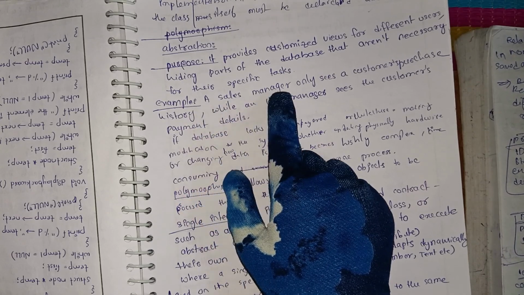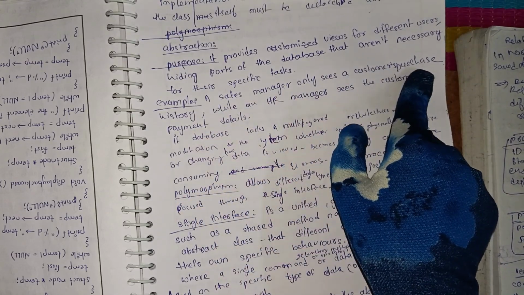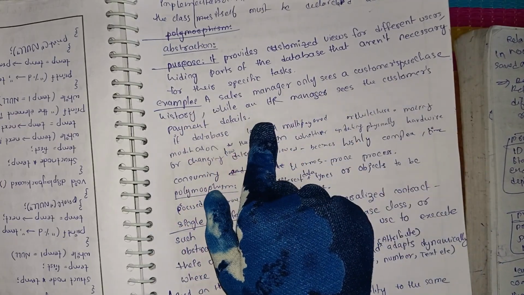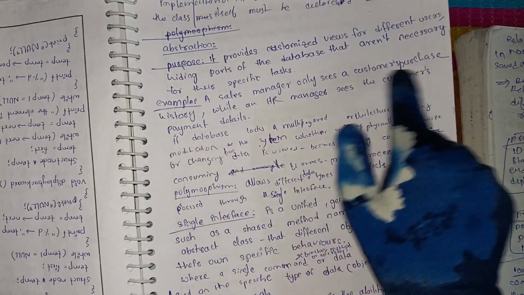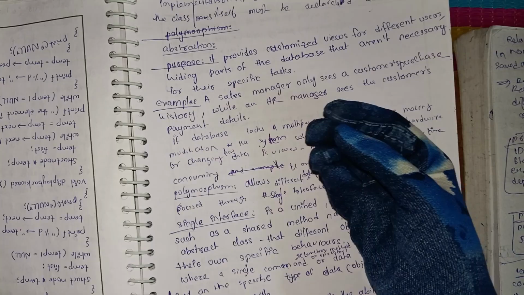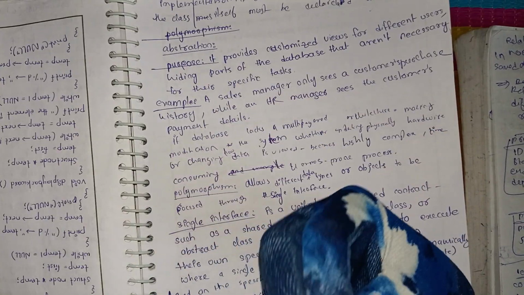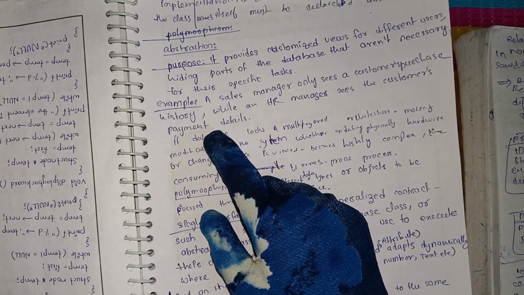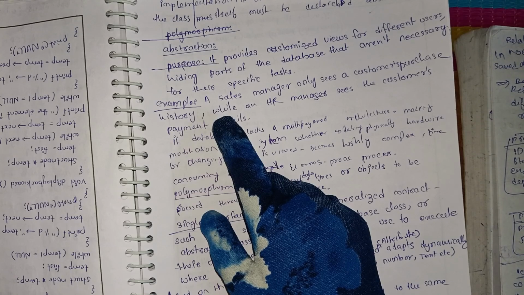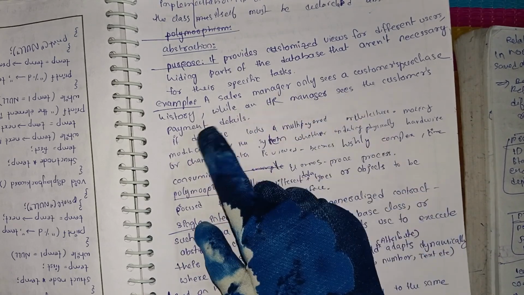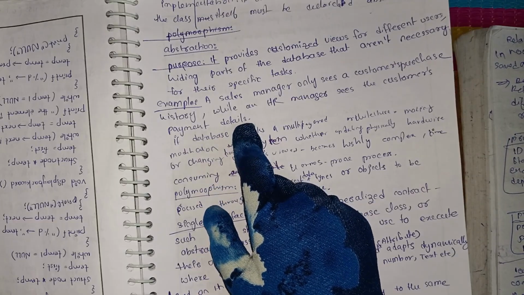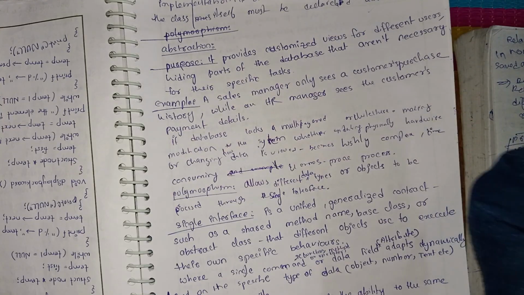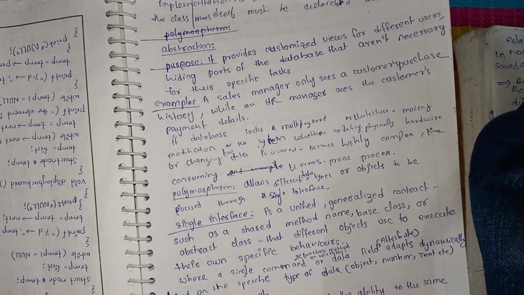An example: a sales manager only sees a customer's purchase history, meaning the dates he paid, while an HR manager sees the customer's payment details, like amount, account number, and name of the customer.